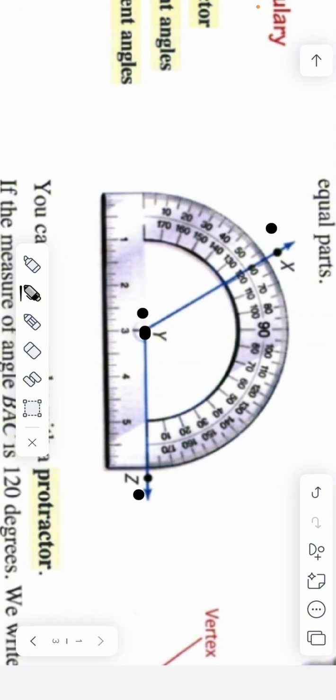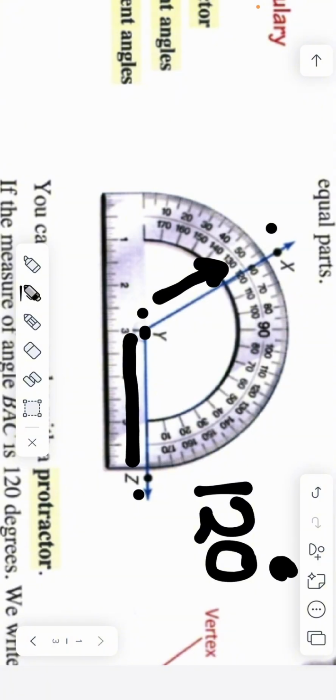Then you put this line on the protractor, and this one will tell you the angle measurement. So here, if we start from 0, it would be 120 degrees. So angle XYZ measurement is 120 degrees. We write it like that.